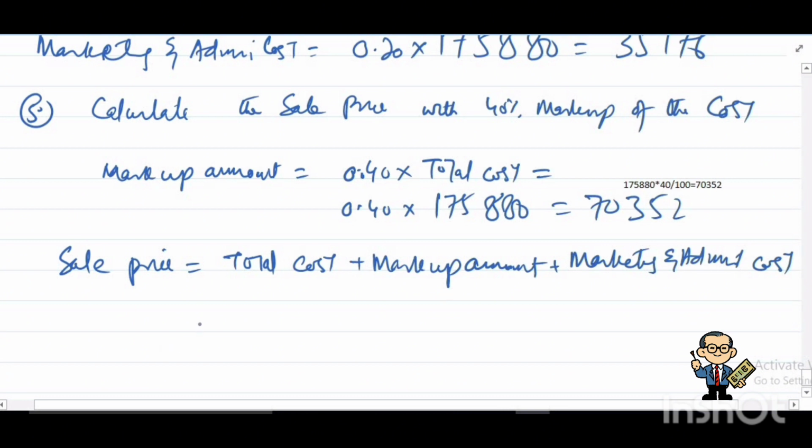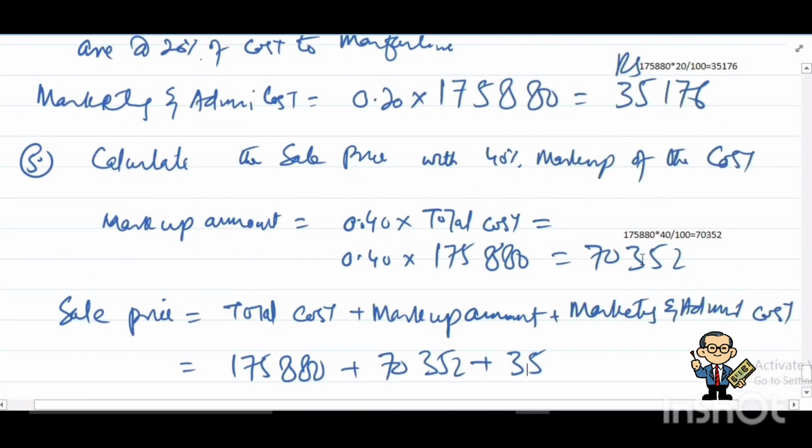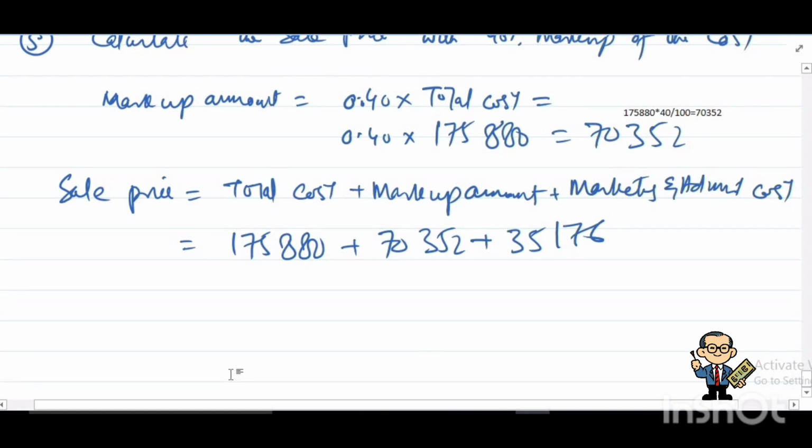So this will be your sale price. The total cost we have is 175,880, plus the markup amount which we have just calculated, that is 70,352, plus the marketing and admin cost we have calculated, 35,176.